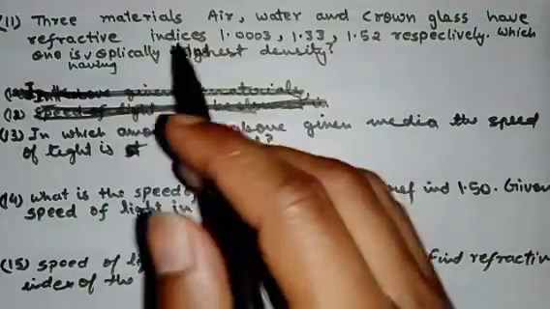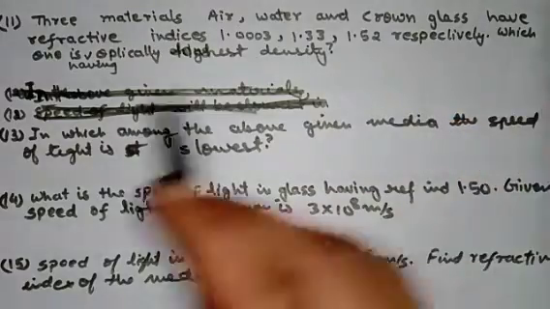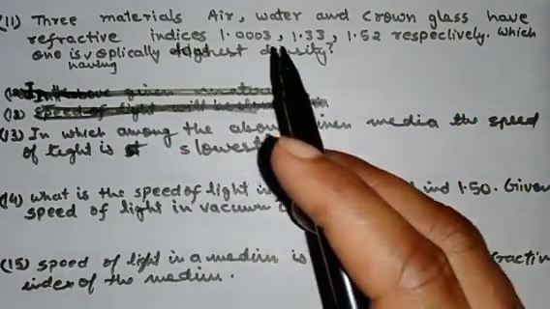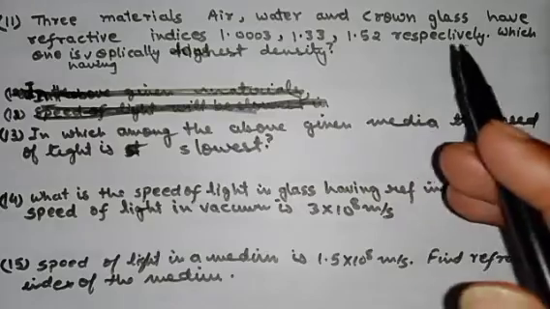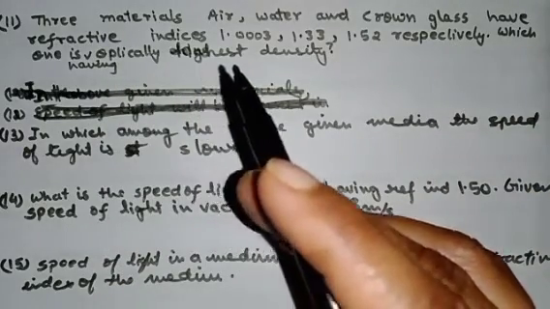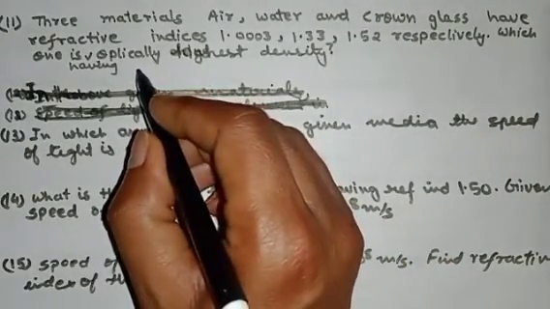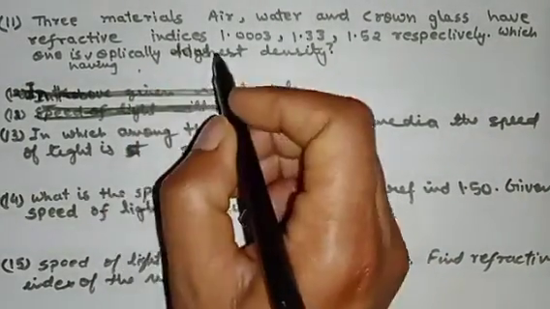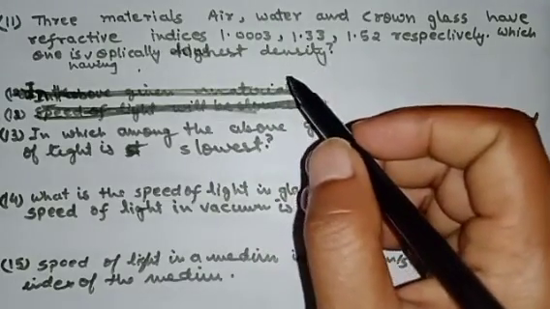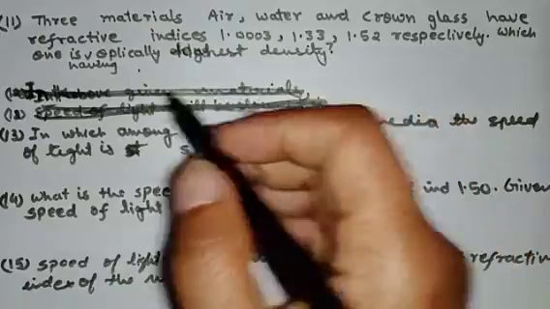Okay, three materials: air, water, and crown glass. Type of glass is this. They have refractive indices 1.003, 1.33, 1.52 respectively. Which one has optically highest density? The material with more refractive index has highest optical density.